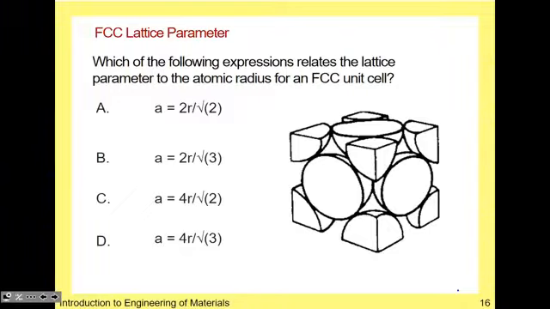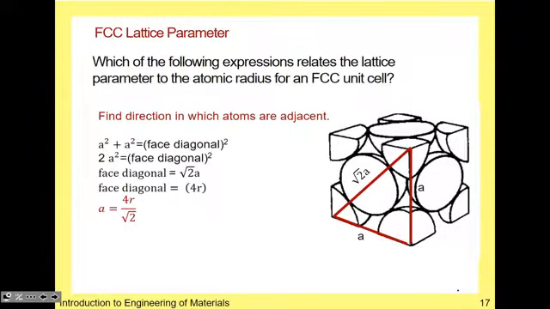For FCC, you look at the face. If you look at one edge, you can see that there's a bit of a gap, so you can't really relate the lattice parameter to the atomic radius.